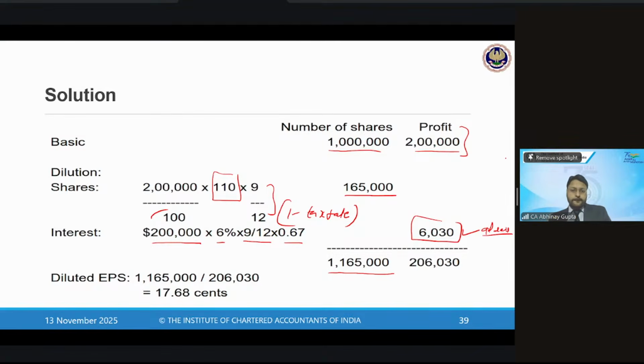So I am now adding back, because these debentures are eventually getting converted into equity shares. So interest is renounced; there wouldn't be any interest cost anymore to the company. That's why it is added. So this is the numerator. Now numerator divided by denominator gives 17.68 cents. Clear?